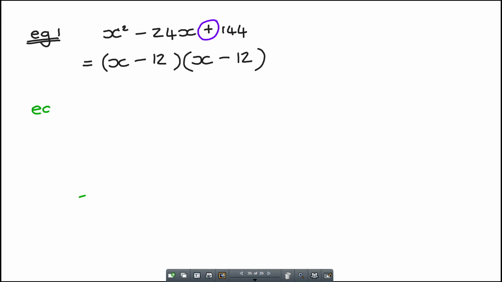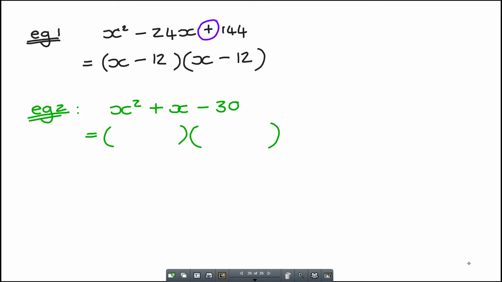Okay, so example 2. You guys want to try one on your own? Easy one? Okay, we've got to try somewhere. So x squared plus x minus 30. Okay, so I know I'm going to have 2 brackets. Now look at that sign.